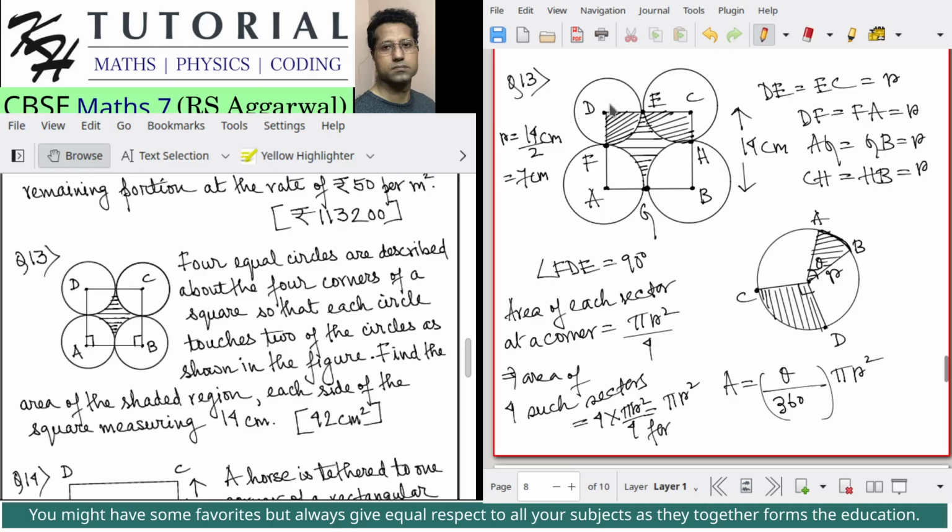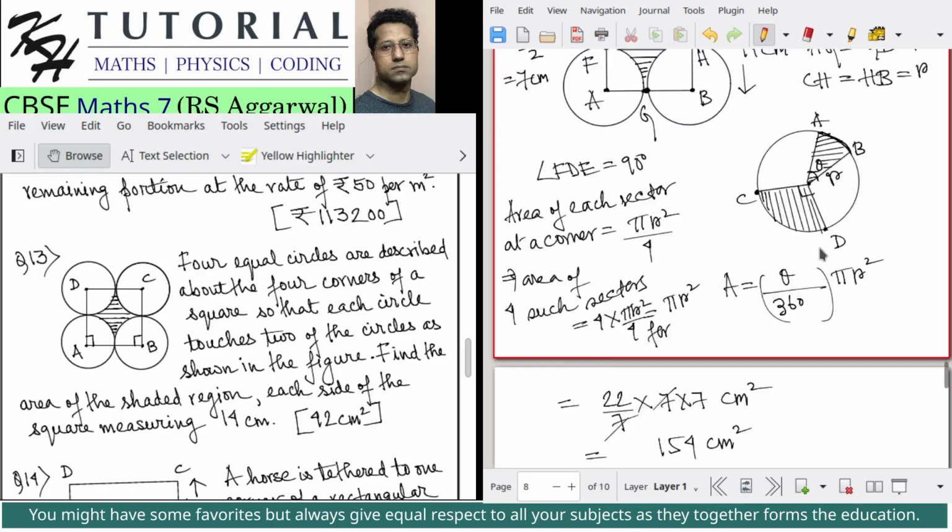So 154 centimeter squared is also the area of each circle at one corner of the square. Okay. So what will be the area of the shaded region as given in the problem?